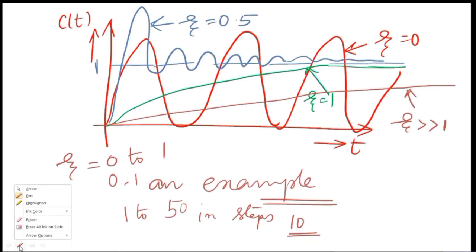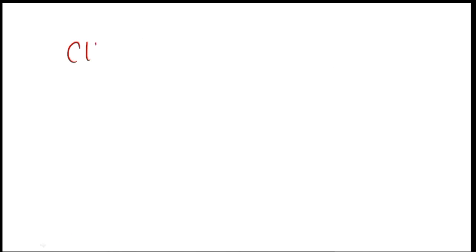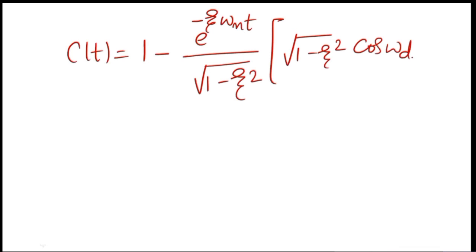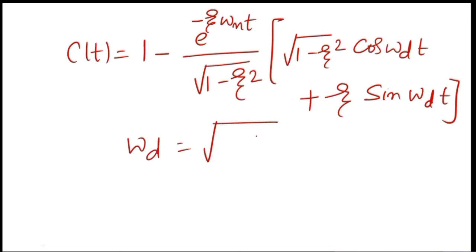What is the equation we derived, and how to remember it? C of t is equal to 1 minus e power minus zeta omega n t by square root of 1 minus zeta square into square root of 1 minus zeta square cos omega dt plus zeta into sin omega dt, where omega d is equal to square root of 1 minus zeta square into omega n.